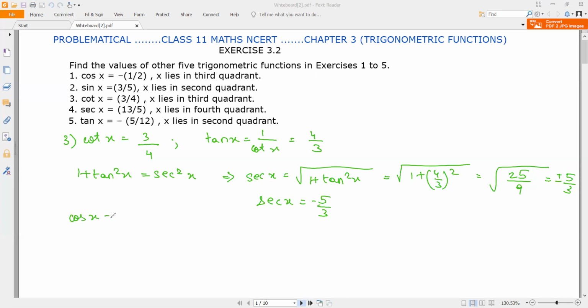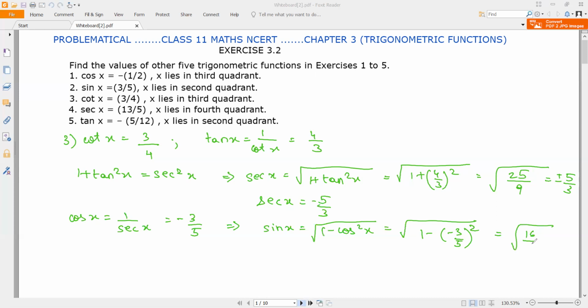Cos x is equal to 1 upon sec x. This will give you minus 3 upon 5. Sin x is equal to root of 1 minus cos square x. This is equal to root of 1 minus 3 upon 5 whole square, which will give you 3 square 9, 5 square 25. 25 minus 9 is 16.